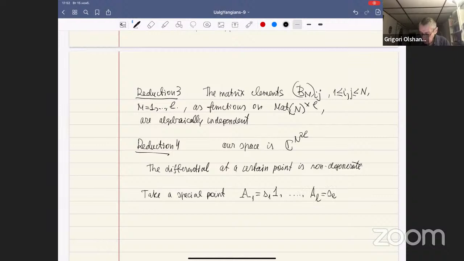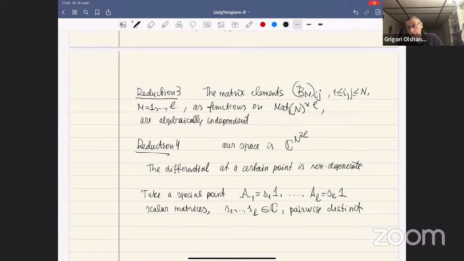These are complex numbers which are pairwise distinct.